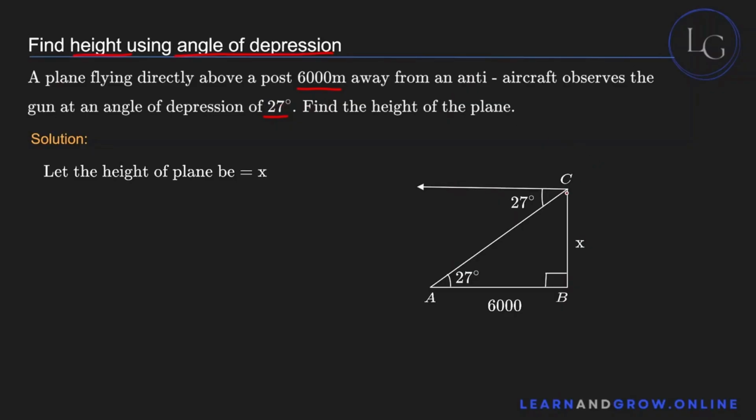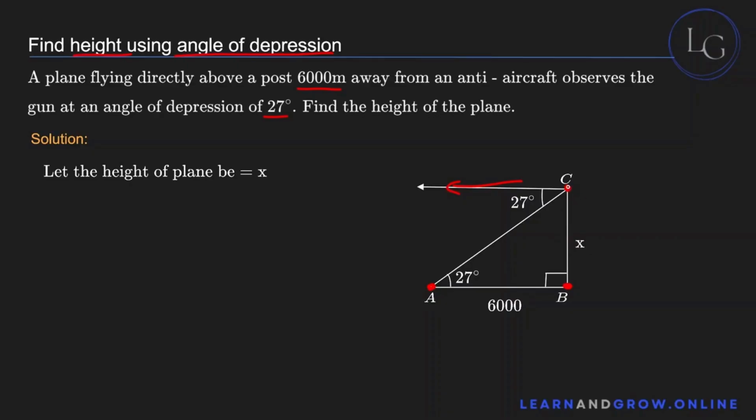So this is the aircraft, okay? And it observes the anti-aircraft gun at an angle of depression of 27 degrees. So the depression is 27 degrees below the line along which the aircraft is moving, which is this over here, right? So 27 degrees below this line, and let's say the gun is over here at A, which is exactly 6,000 meters from the point that is directly below the aircraft.